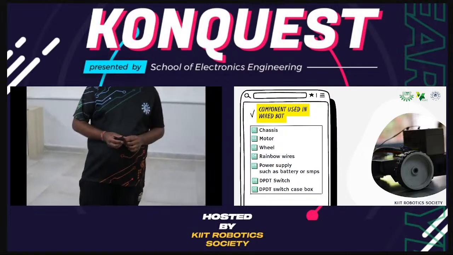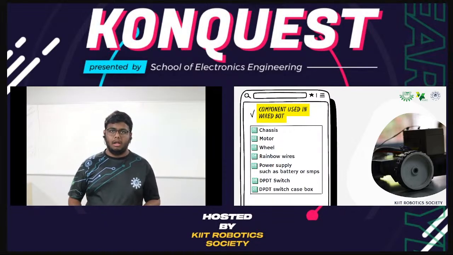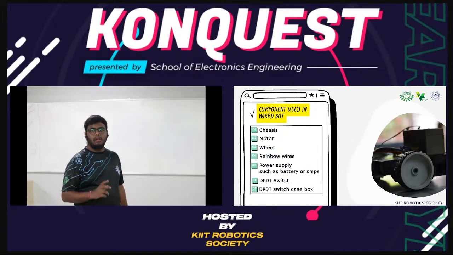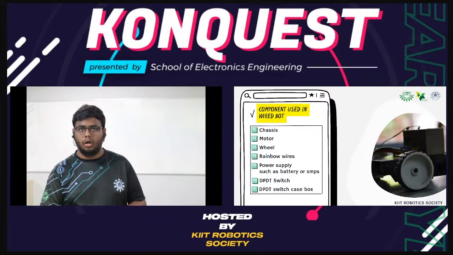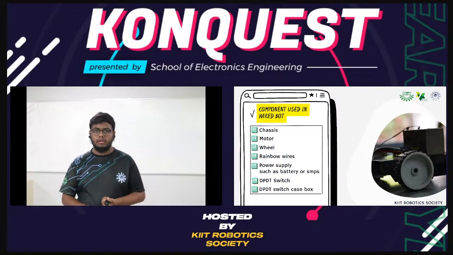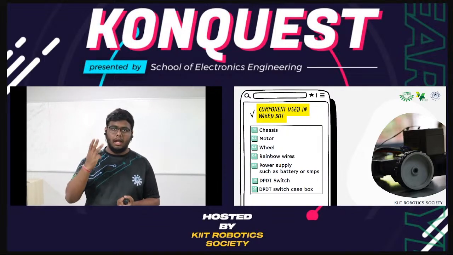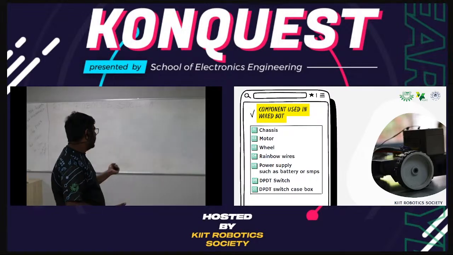Moving forward, we will discuss later how you can choose the material. The components: the chassis we have discussed. The other thing is motors, which are in the wired bot and also in the wireless bot. Another thing is wheels. Then some rainbow wires.